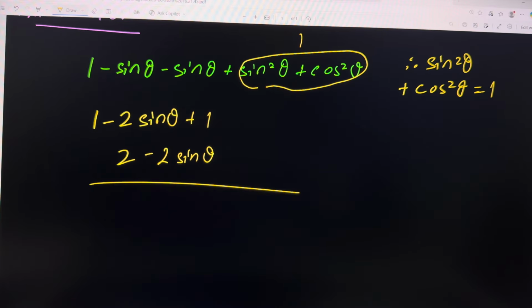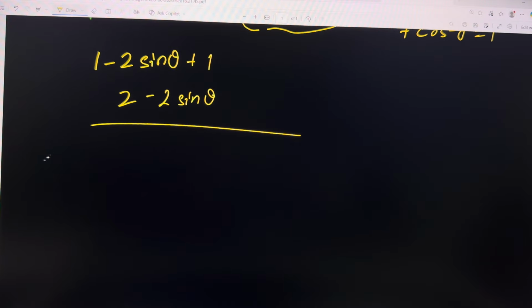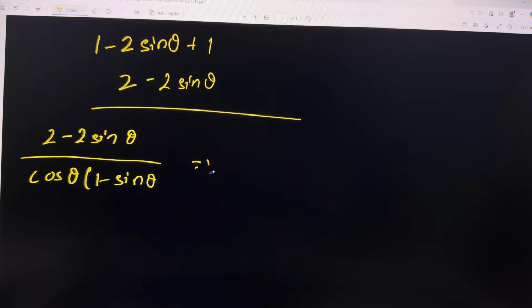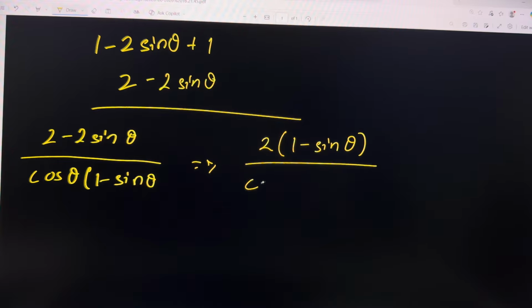Now the full equation is 2 minus 2 sine theta upon cos theta times 1 minus sine theta. Don't get confused here, we can just take 2 common, which becomes 1 minus sine theta upon cos theta times 1 minus sine theta.